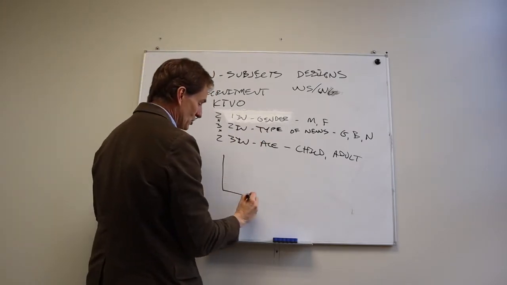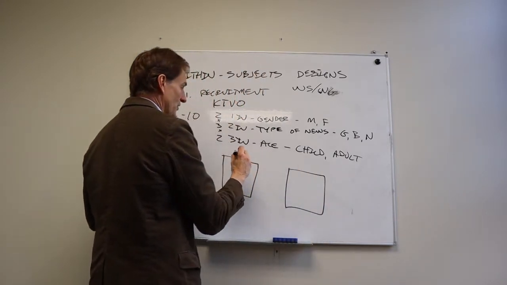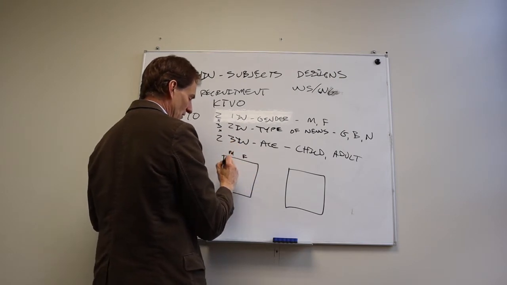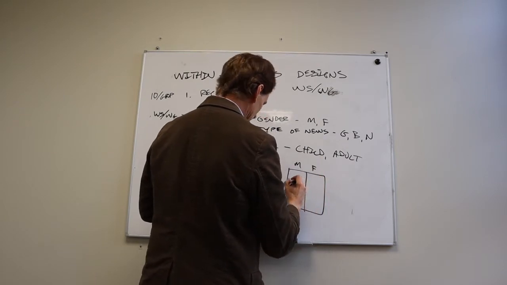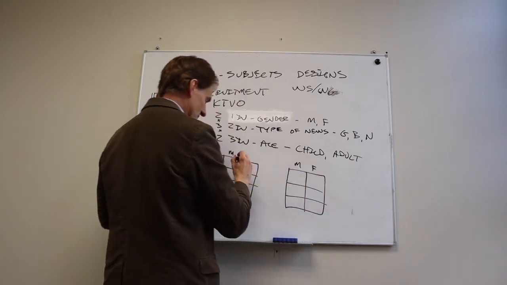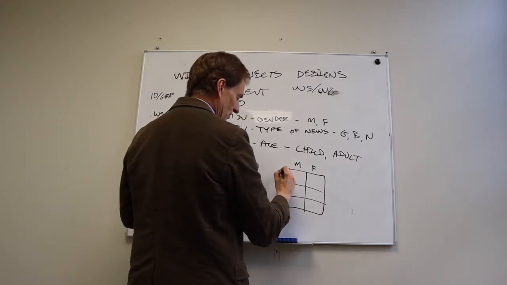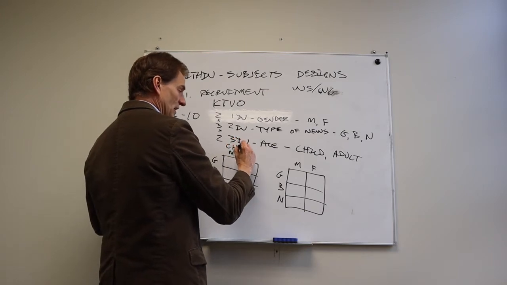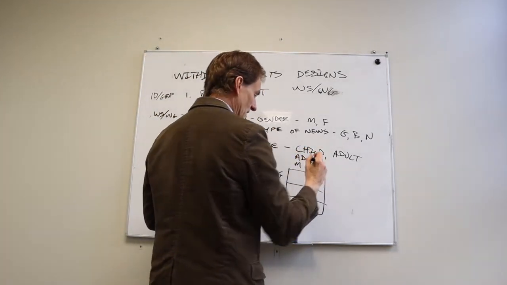And if we wanted to chart this out, actually, we can do that very quickly too. So we'll put gender up here, male, female. We'll have type of news over here. So good, bad, neutral, good, bad, neutral. And then here's a child reading it. And here's an adult.